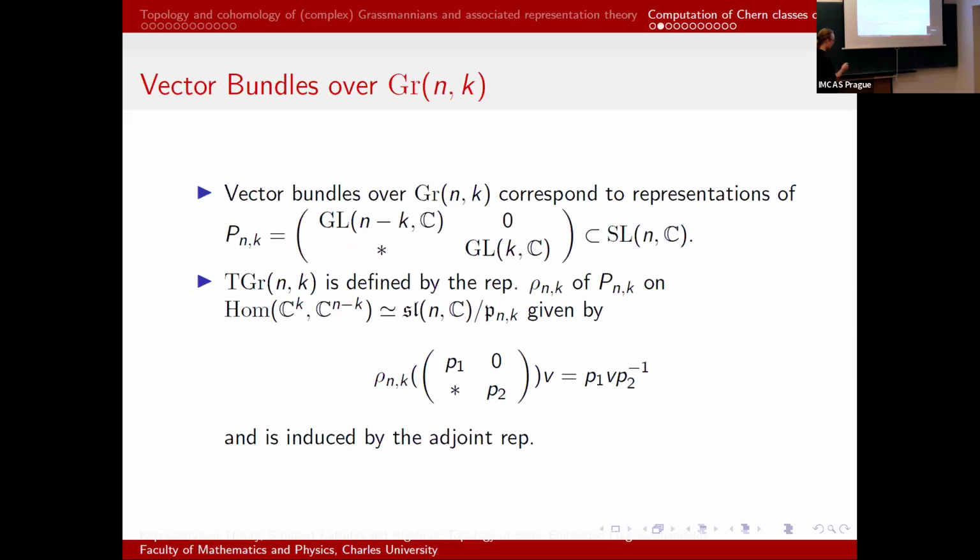easy to see from the fact that the representation rho_{n,k} is basically the representation of P1 and the contragradient representation of P2 on the tensor product of C^{n-k} tensor C^k dual.